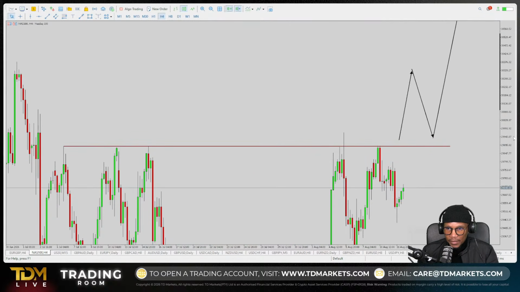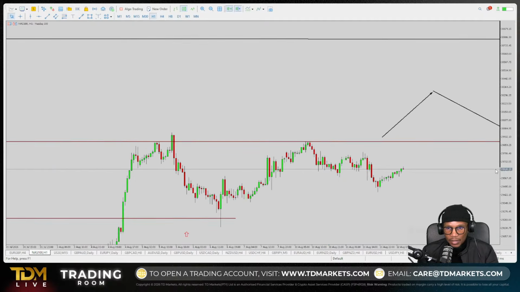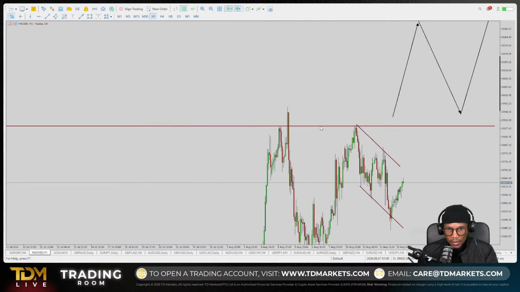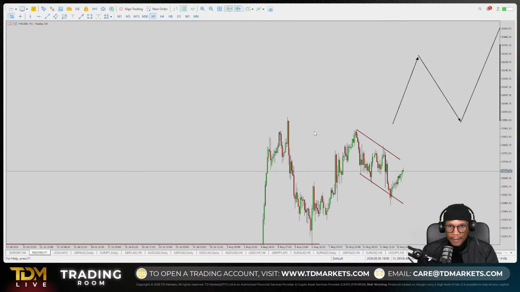Nasdaq, as we all can see, has not broken towards the upside. It's still creating this pattern here, right? It came back down to the low. Let me remove this. There we go. So this is what Nasdaq is doing now, right?